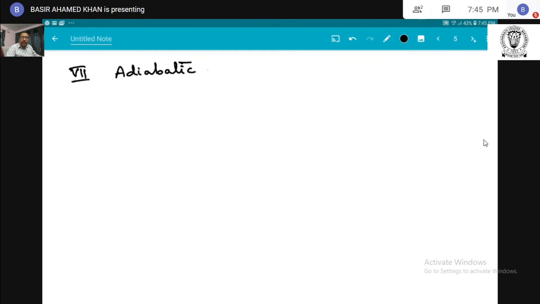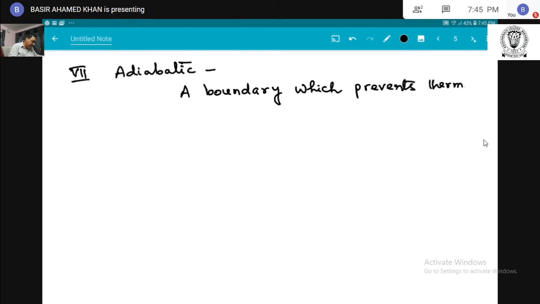Adiabatic means a boundary which prevents thermal interaction. A boundary which prevents thermal interaction is known as adiabatic.